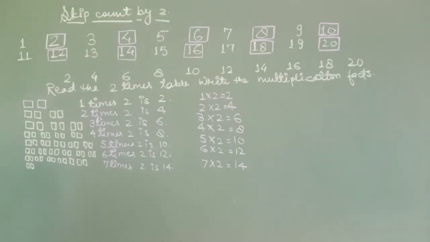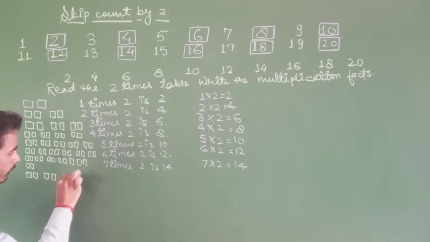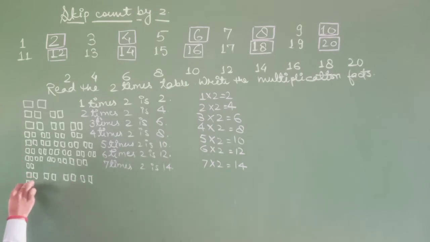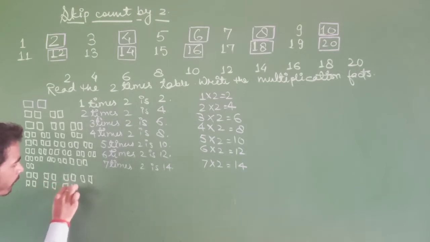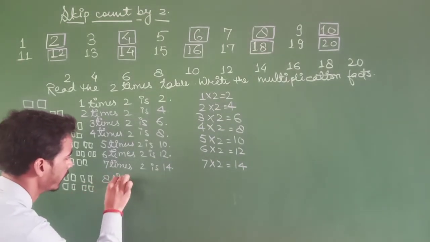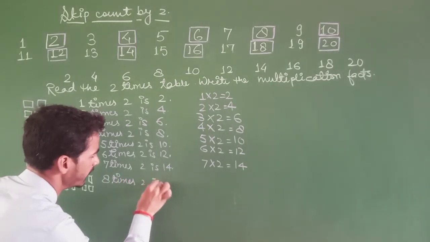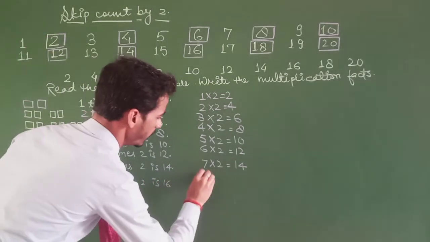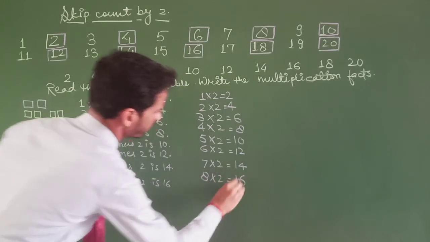And now 8 times 2 is 16, and the multiplication fact will be 8 multiplied by 2 is equal to 16.